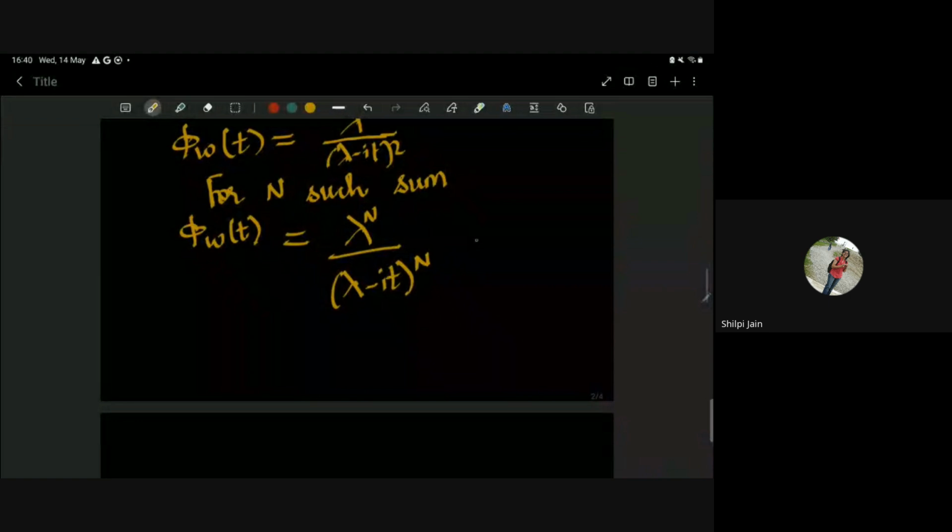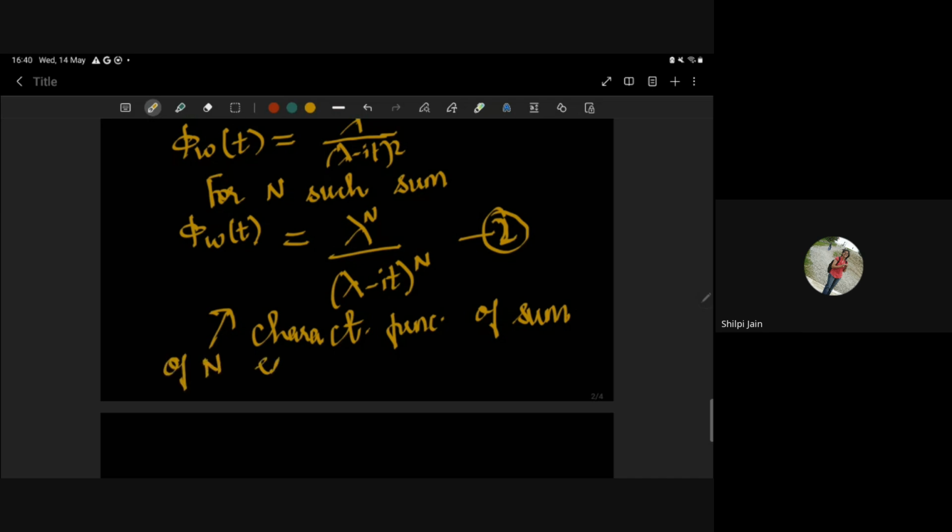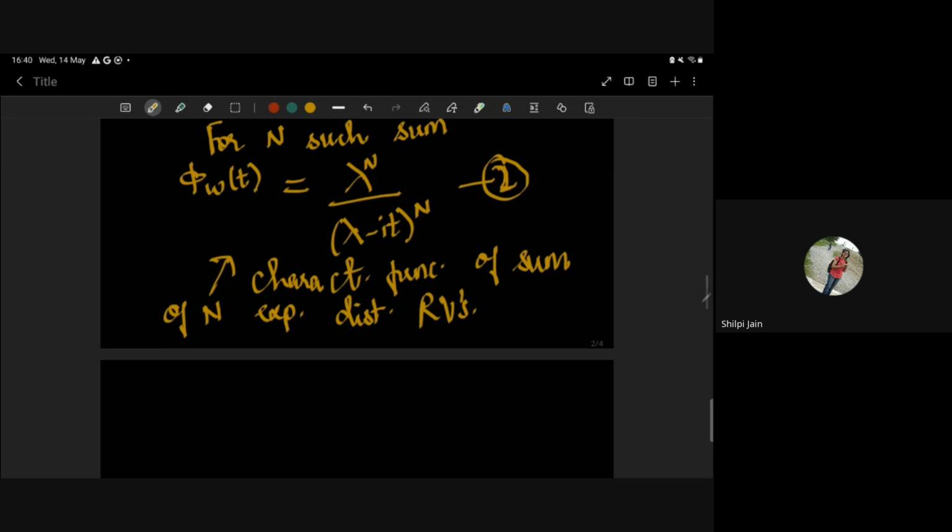So this is the characteristic function of the sum of n exponentially distributed random variables.